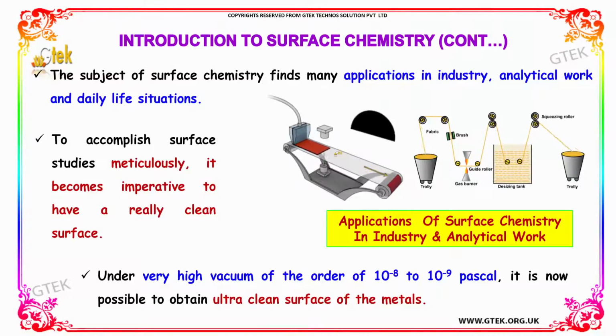The subject of surface chemistry finds many applications in industry, analytical work and daily life situations. To accomplish surface studies meticulously, it becomes imperative to have a really clean surface. Under very high vacuum, of the order of 10^-8 to 10^-9 Pascal, it is now possible to obtain ultra clean surfaces of metals.